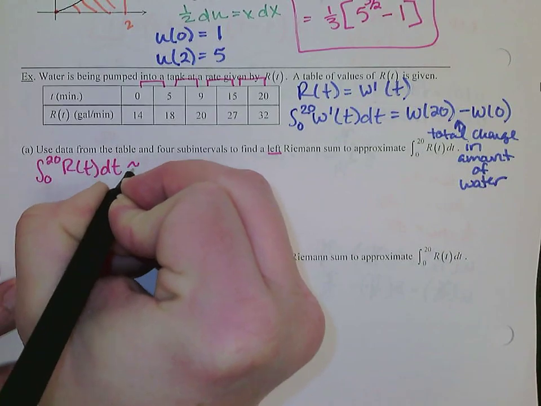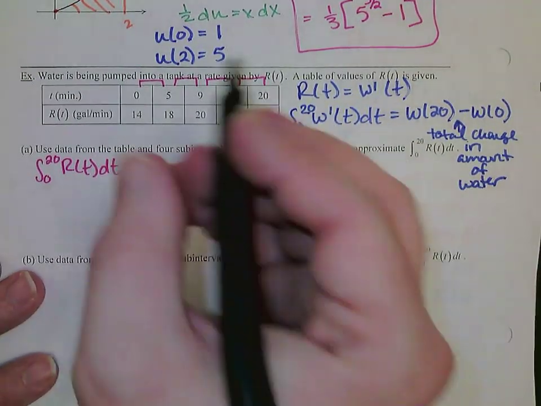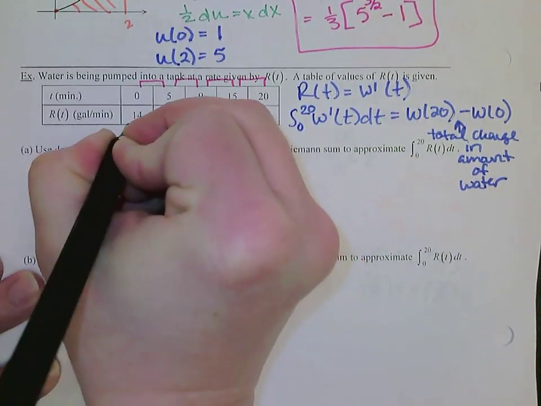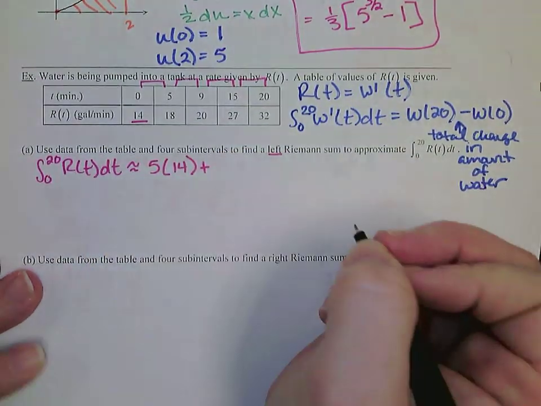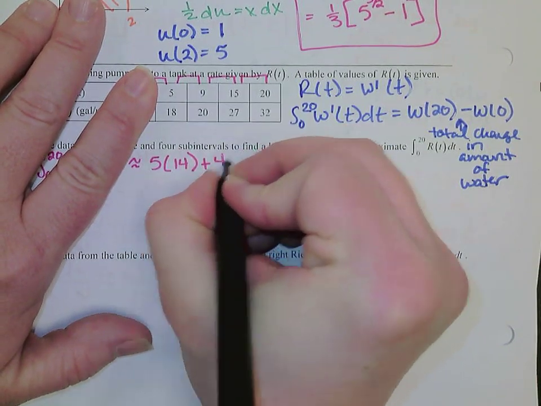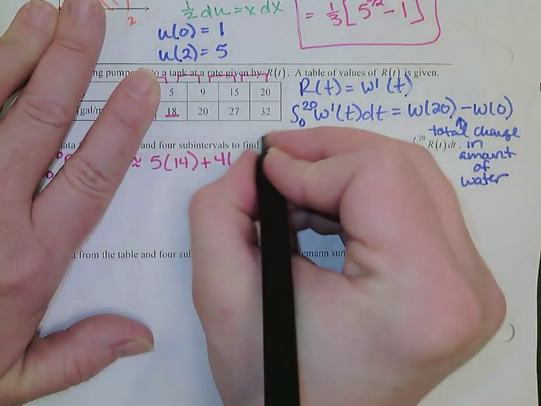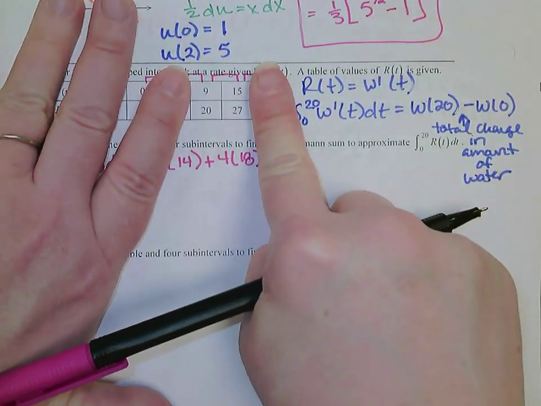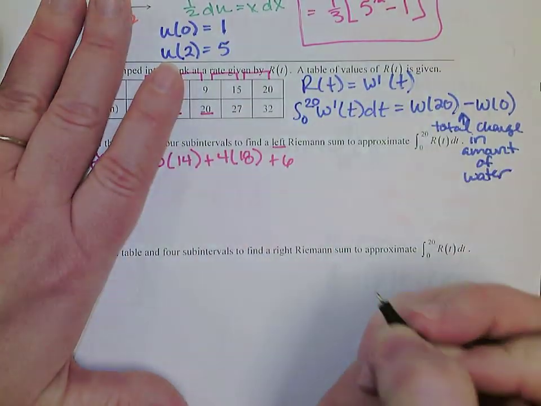if we're using the left endpoint, for our first subinterval, we have a width of 5, and the left endpoint function value would be 14. For our next subinterval from 5 to 9, we have a width of 4, and our left endpoint function value would be 18. For our third subinterval from 9 to 15, we have a width of 6, and again, we're using the left endpoint, so that would be a function value of 20.